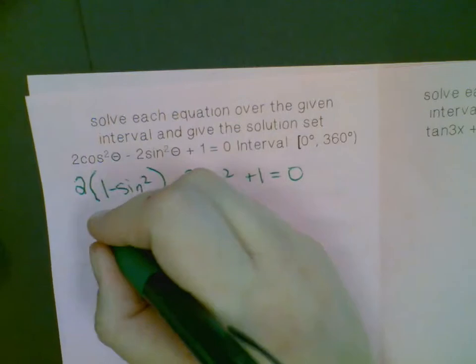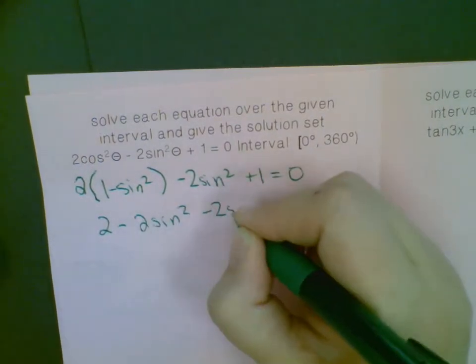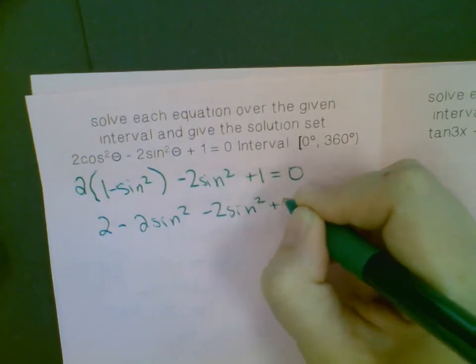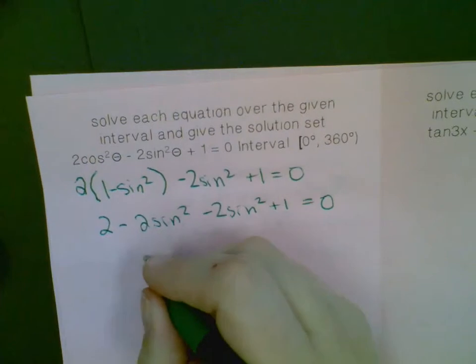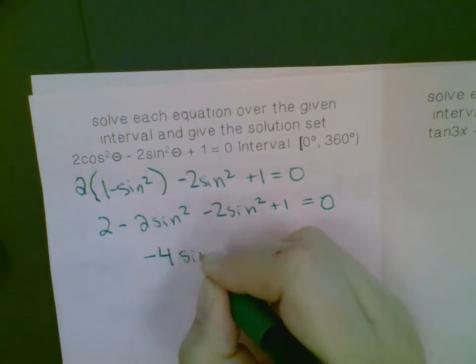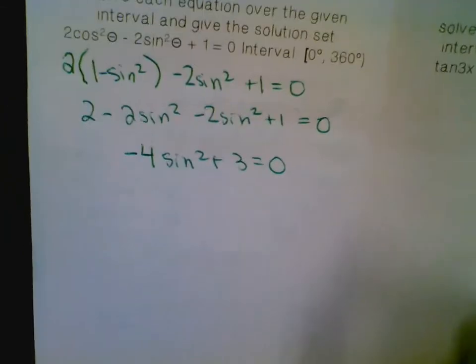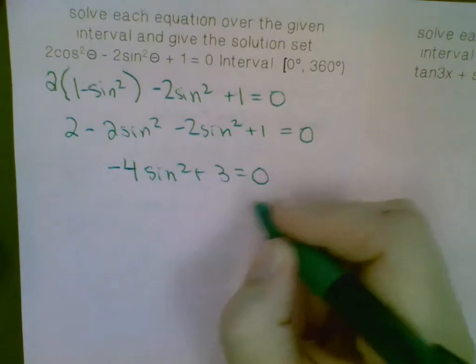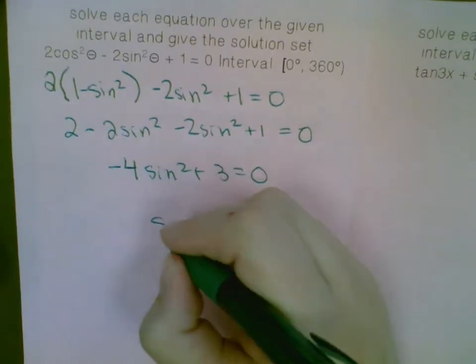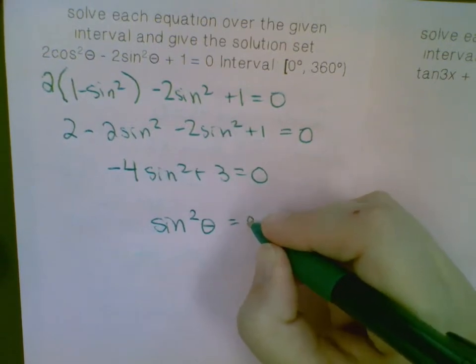So if I distribute and do my normal equation stuff, combine like terms, we have negative 4 sine squared plus 3 equals 0. So this is almost pretty much a two-step equation. So subtract 3 and divide by negative 4. So we would have sine squared of theta equals 3 over 4.